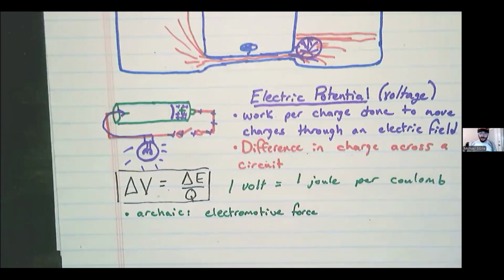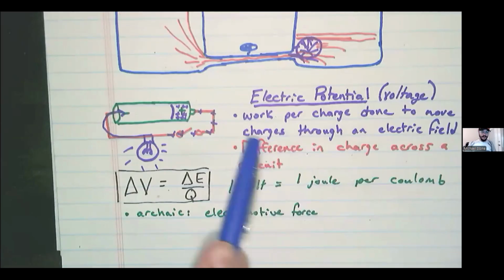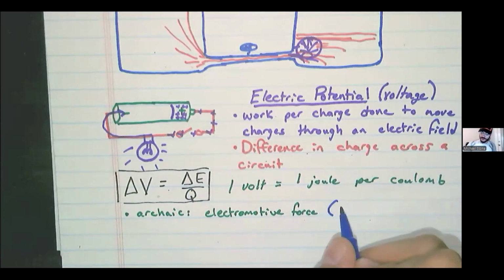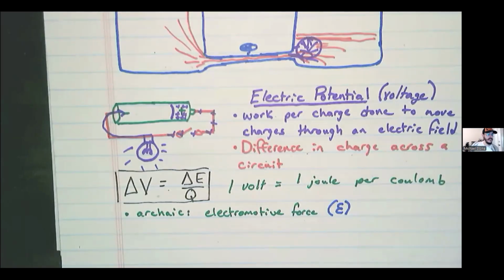But electromotive force was an early understanding of this, like, this is the force that pushes them to move. Now that we have the idea of energy, it's the work provided to get them the kinetic energy to move. But if you ever see the notation for a voltage as a lowercase epsilon, well, now you know why. If you ever see it, don't say I sent you into it unprepared.